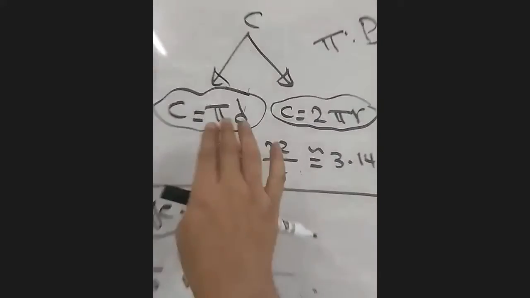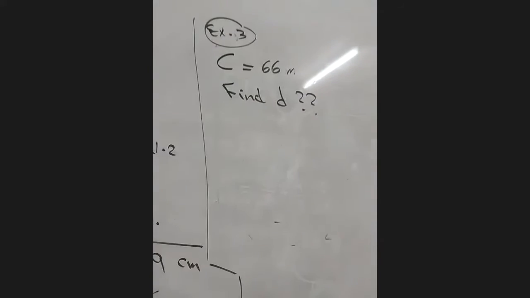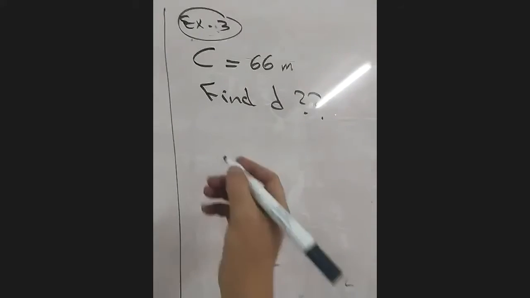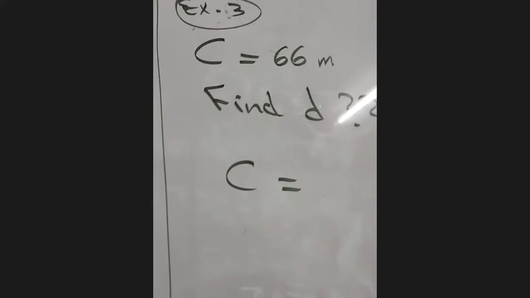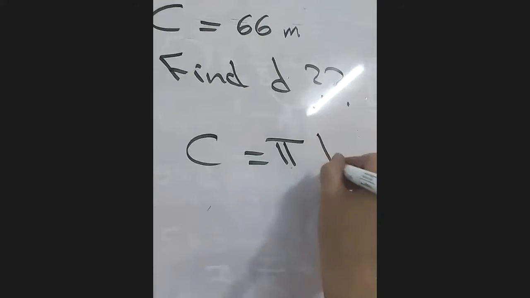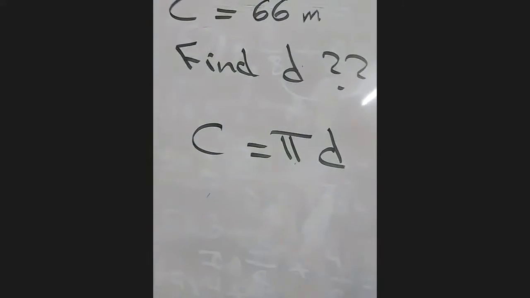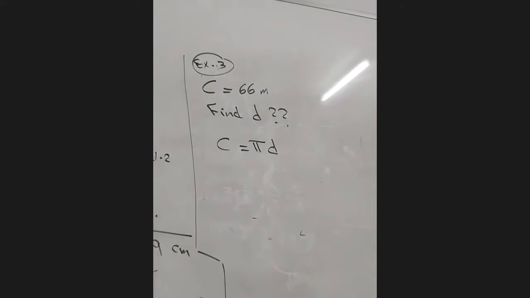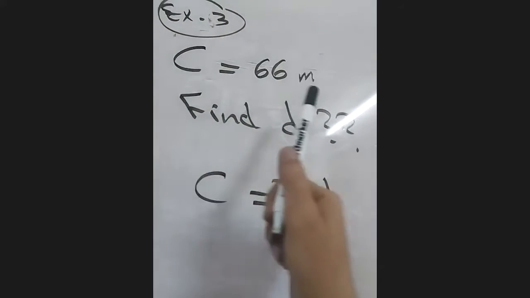Sure, we will use this one because it wanted from me the diameter, right? What's the formula? C equal what? C equal pi D. Pi D, guys. C equal pi D.